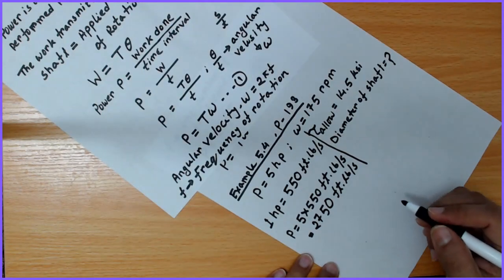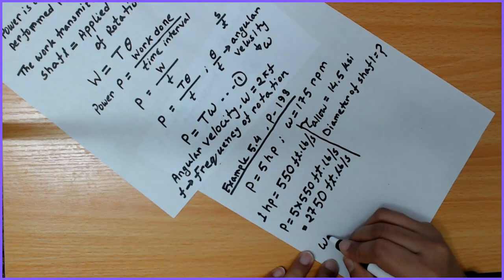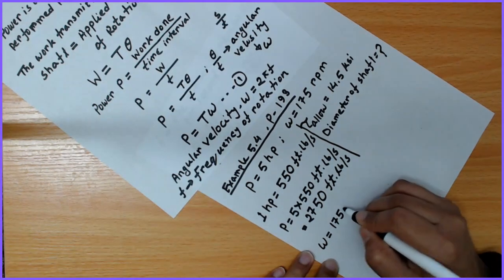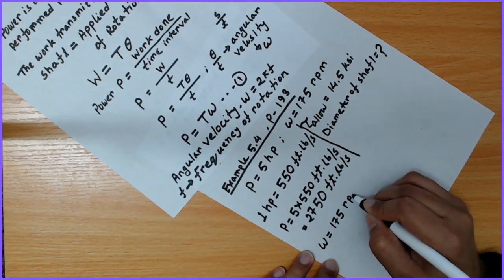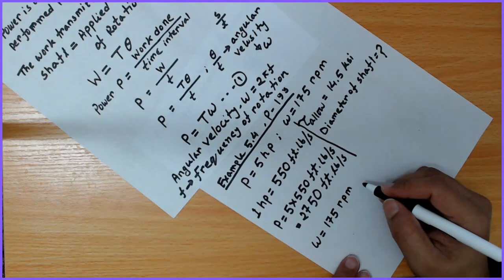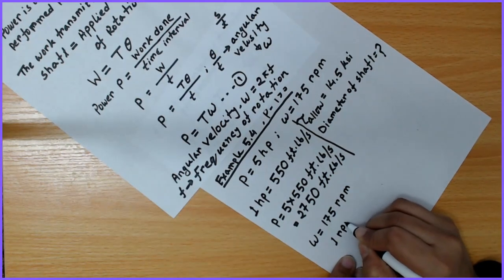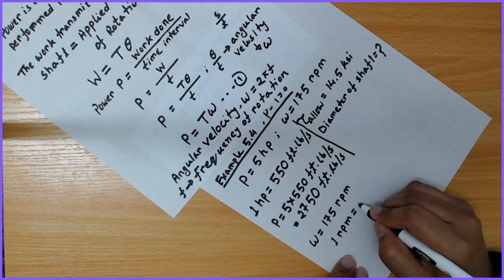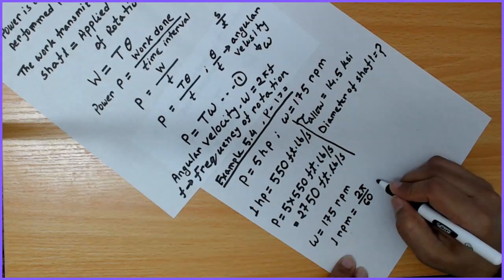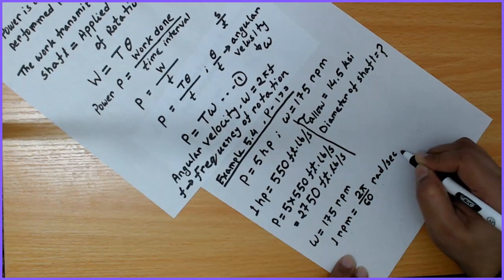And omega is equal to 175 rpm, and 1 rpm is equal to 2 pi divided by 60 radian per second.